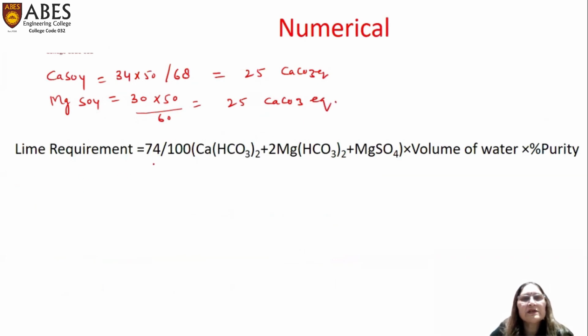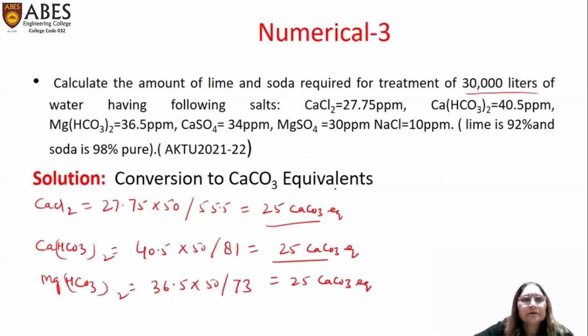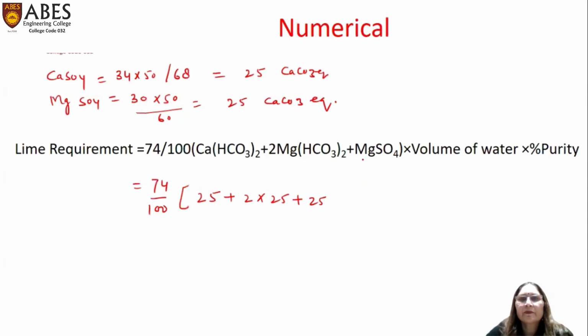Lime requirement is equal to 74 upon 100 into calcium bicarbonate 25 plus 2 into 25 plus 25, into 30,000, all in terms of calcium carbonate equivalent.